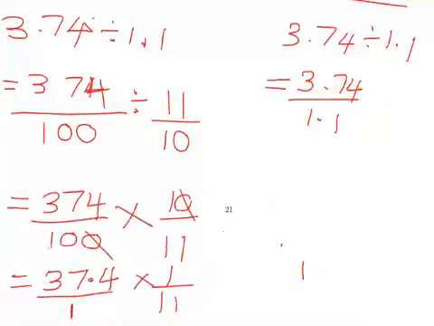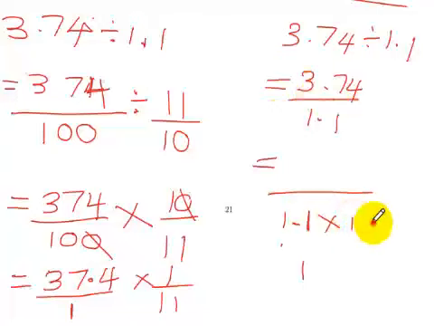Therefore, I want to remove the decimal in the denominator. When you divide any value, decimal or whole, by a decimal number, you have to remove this decimal. So how do I remove this decimal? You should multiply it by 10. If you multiply the denominator by 10, you should do the same thing to the numerator.